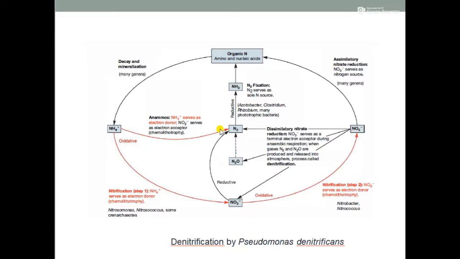With this we come to an end of the microbial role in the nitrogen cycle, and hopefully that is clear to you. This has been found to be very complex. Sometimes you can also find nitrate directly converted to ammonia, such as by Desulfovibrio. A variety of microbes act in the nitrogen cycle. So thank you for now.